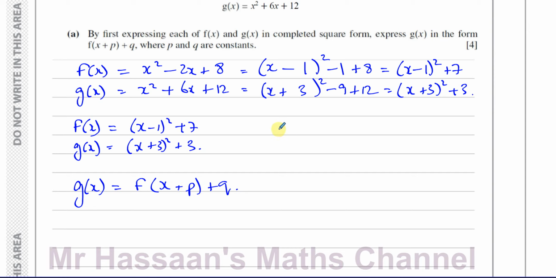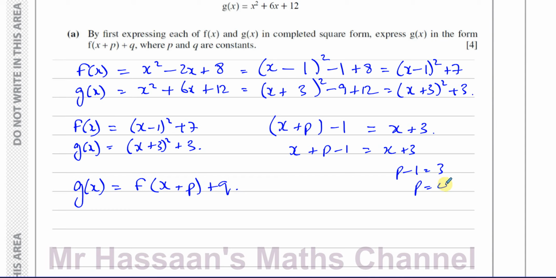So we could say x plus p minus 1 has to become x plus 3. What must that p be? We can see that p minus 1 has to equal 3, so p has to be 4. There must be a 4 here, because I want these two to be the same.